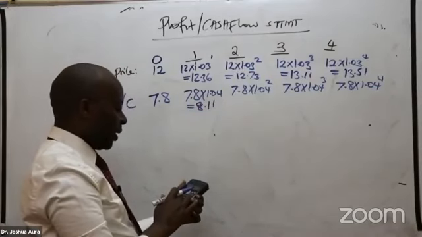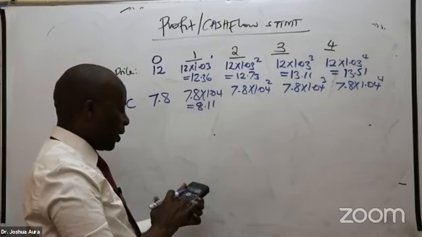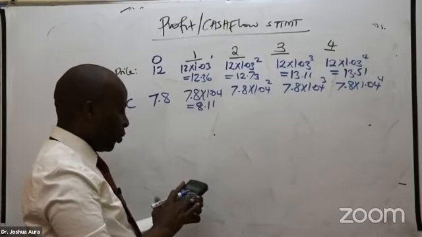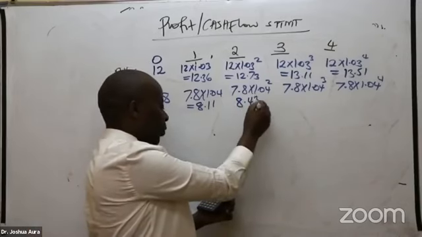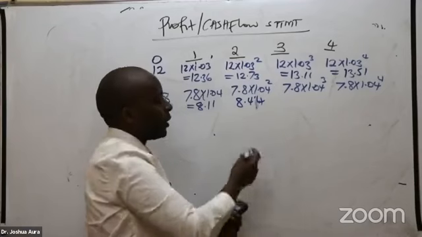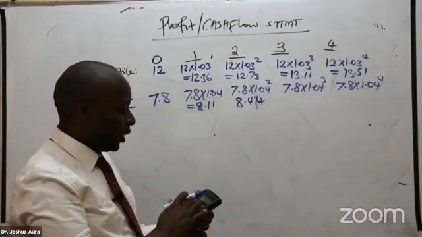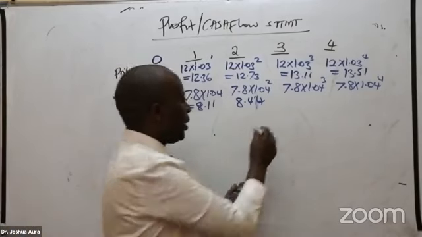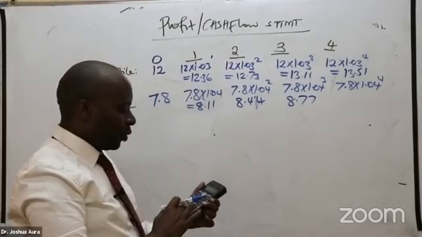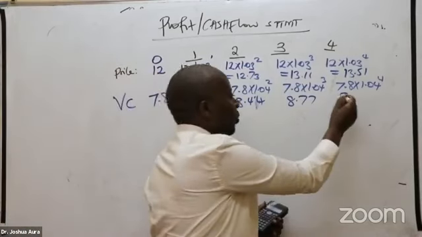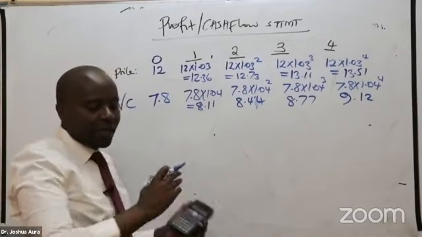So 7.8 again times 1.04 raised to power 2 will end up giving us 8.43 or 8.44, to 2 decimal places. Then we have raised to power 3, this gives us 8.77. Then we have raised to power 4, which gives us at the end of the day 9.12, like that.